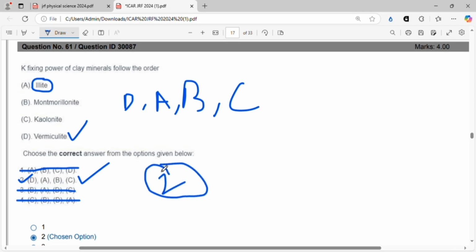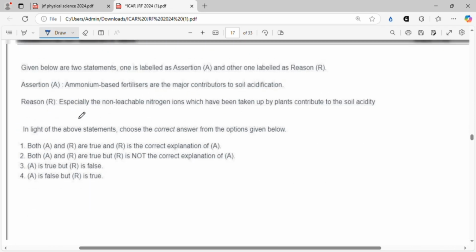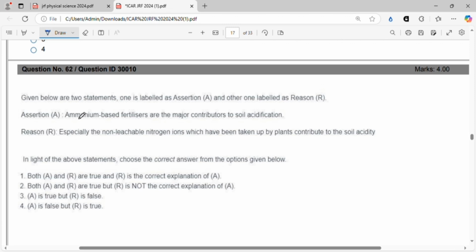All right, moving on. Now another assertion and reasoning question. Here you have to be again very careful. So let's first read the statement. Ammonium based fertilizers are the major contributors to soil acidification. That is a true statement. Secondly, the reason is especially the non-leachable nitrogen ions which have been taken up by plants contribute to the soil acidity.